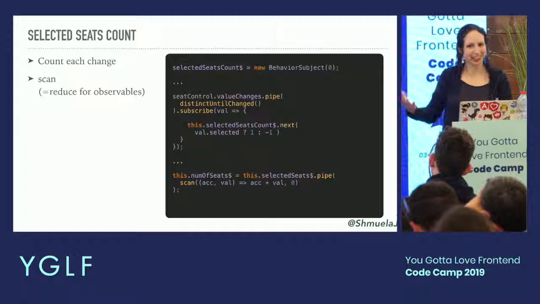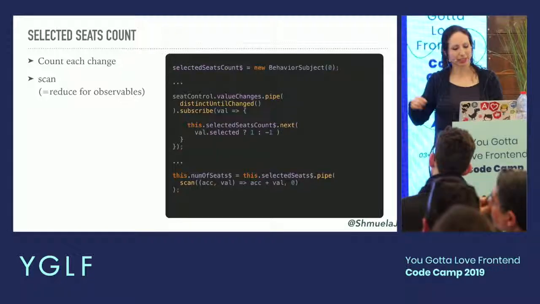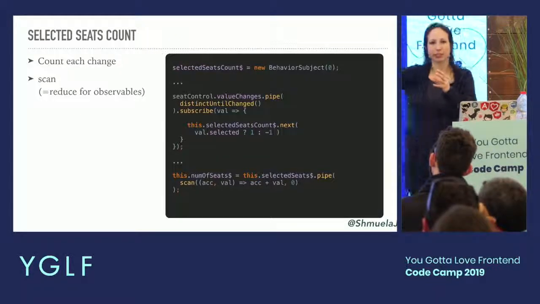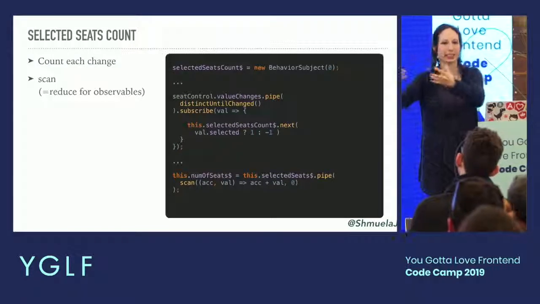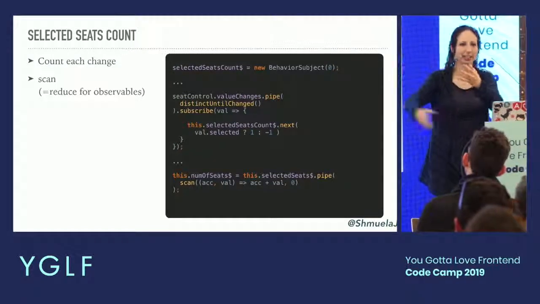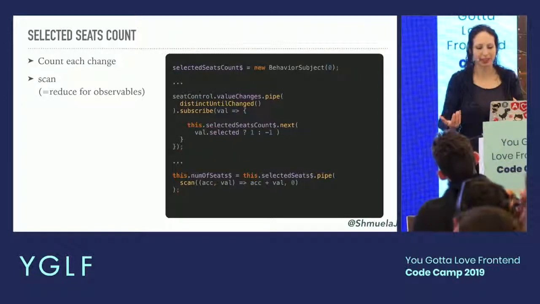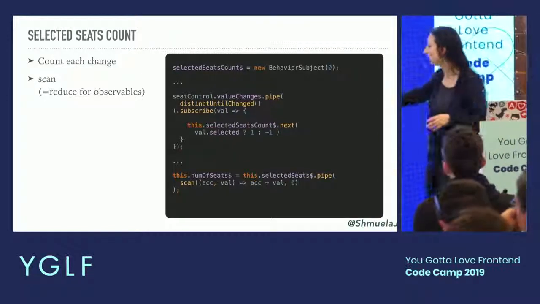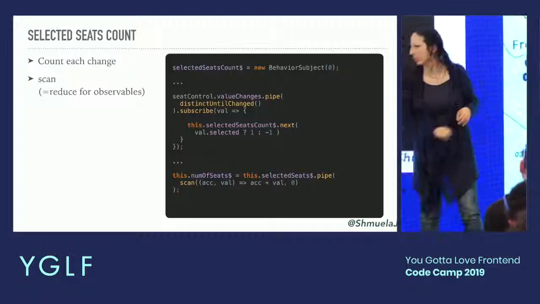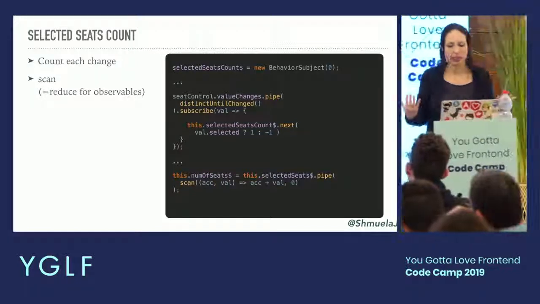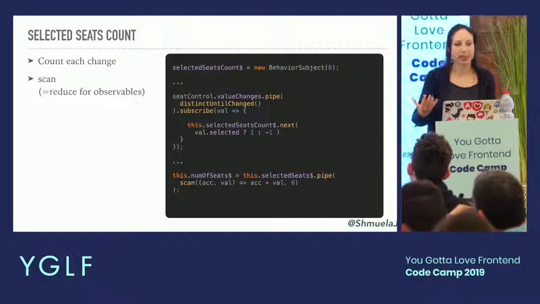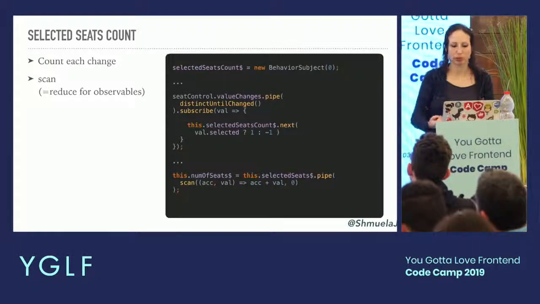It's like reduce for observables. It saves the last value that it had and does something with it, adds to it. So I'm just adding 1 or -1, and the initial value is 0. So really, super easy to control that.